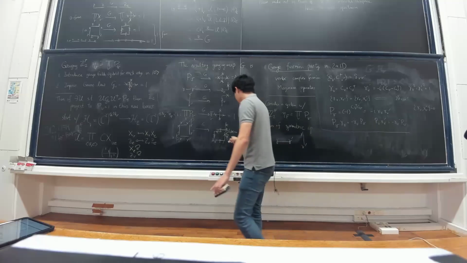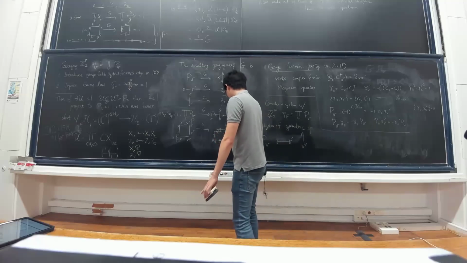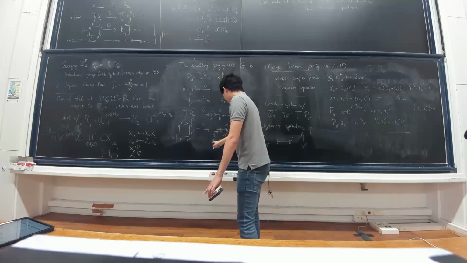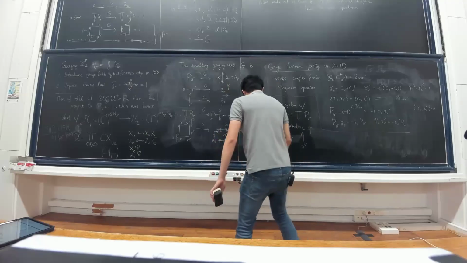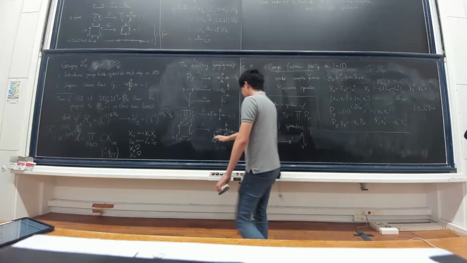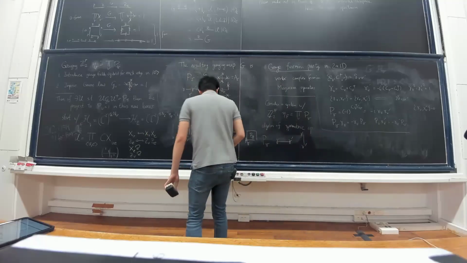You can see this A_V cancels these 4 X's, and then you get an A_V here and the usual product of Z. So that's the plaquette term.